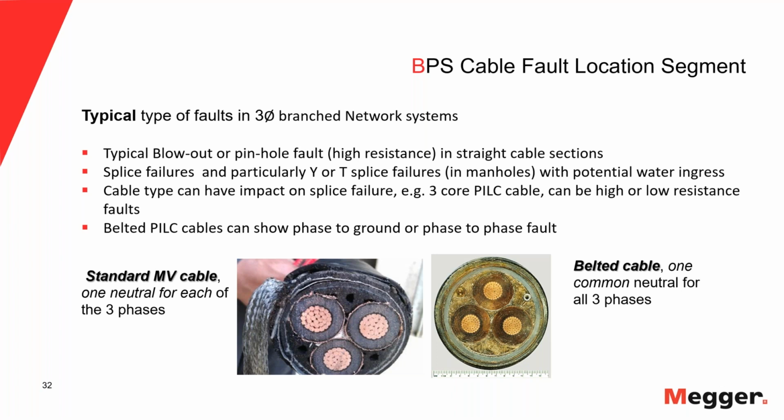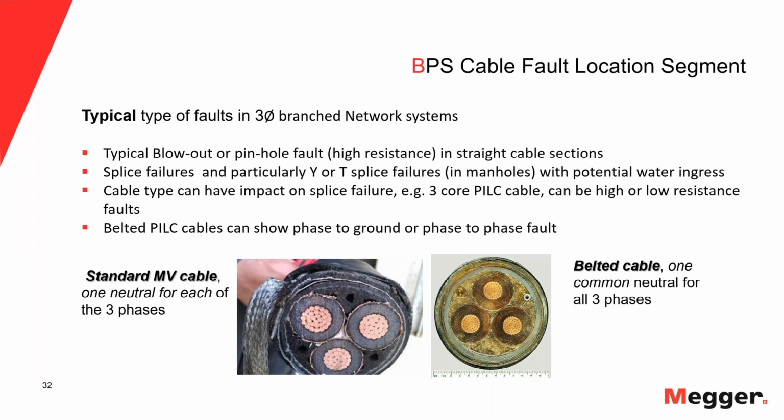Typically in these manholes you have a lot of water, it's not a very pleasant environment to work in. And the cable type, whether it's paper or solid dielectric, can also have an impact on the fault and how to find it.